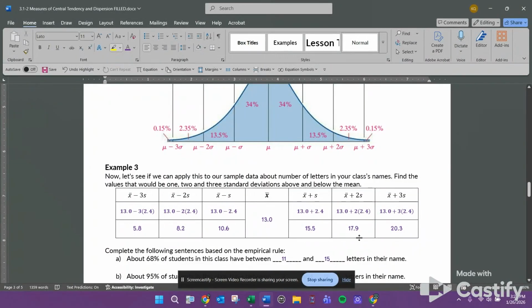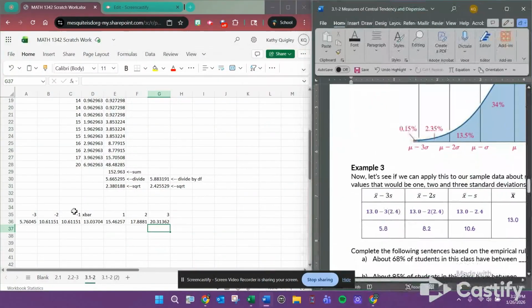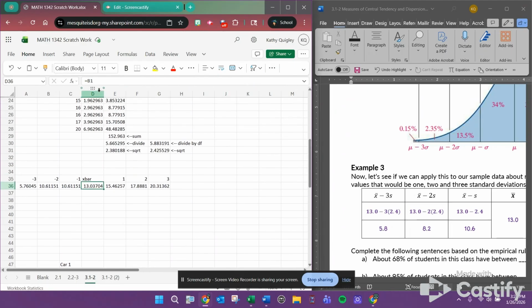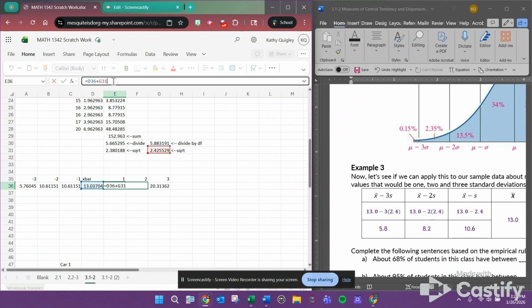So let me show you how I calculated this in Excel, basically using Excel as a calculator. So what I did here is I have my mean just copied from the table above. So it just says equal to B1. Scroll up so you can see that. Equal to B1. And then to find one standard deviation above, this is a sample, so we use the sample standard deviation.